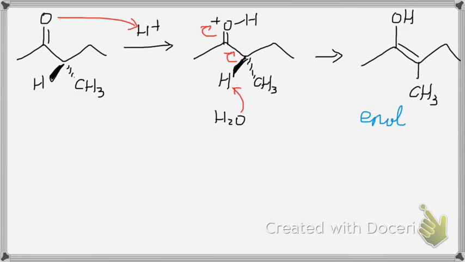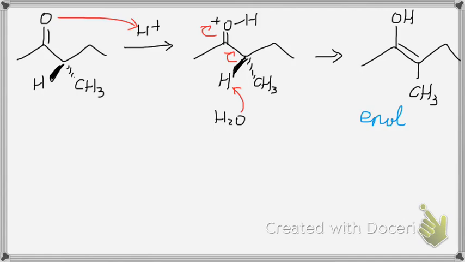In the enol form, the alpha carbon is a double bonding carbon now, it's sp2 hybridized. So it's flat. And we know the enol form is not very stable. It's not as stable as the keto form.